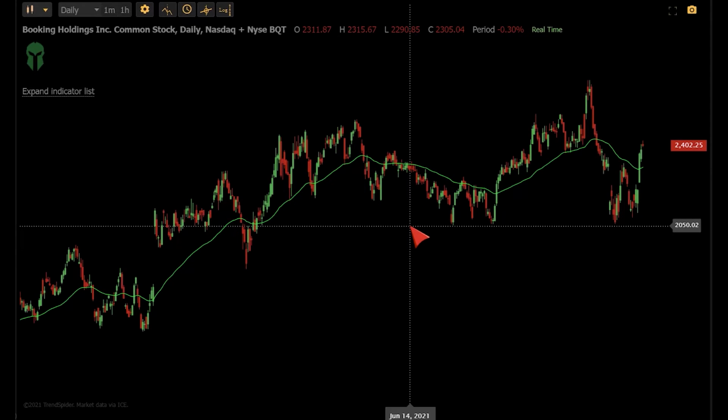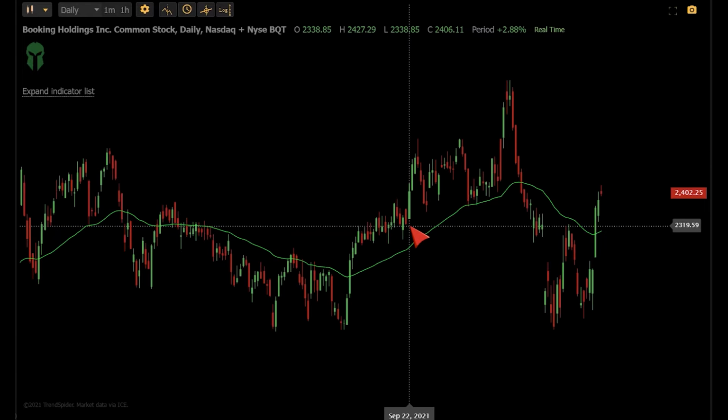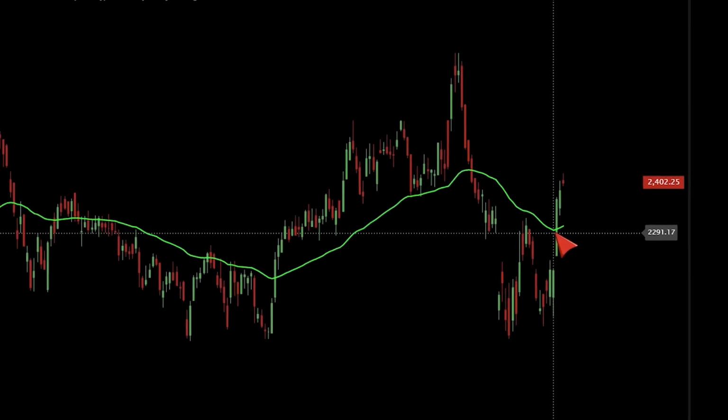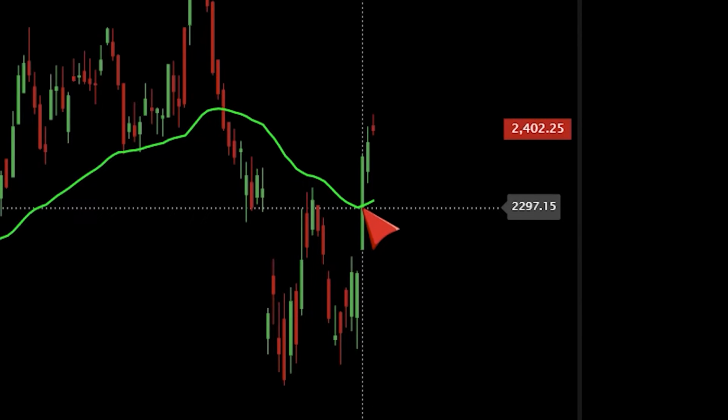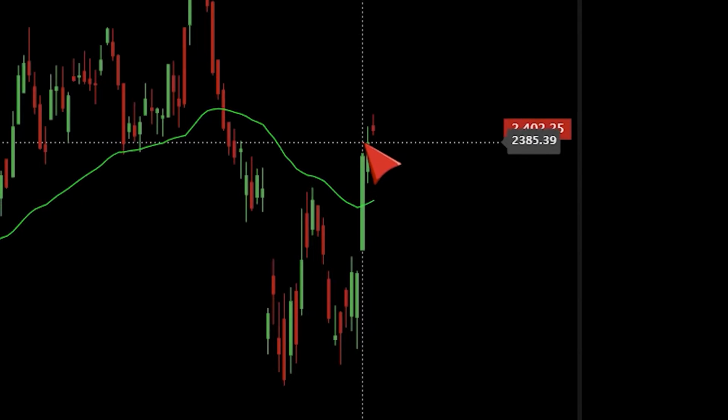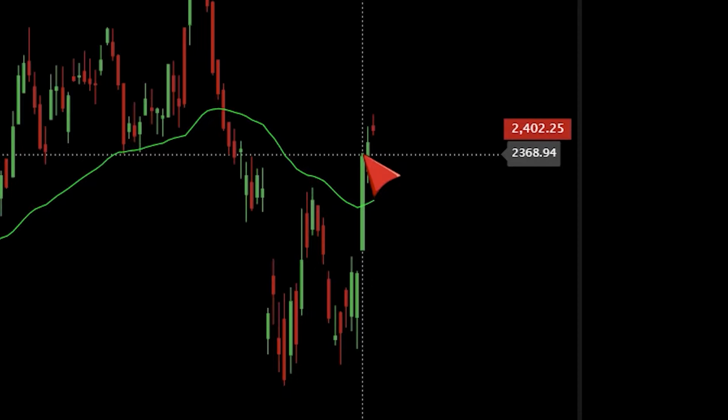So very simply in front of us is Booking. Now, if we expand this up, we see clearly how we popped over this line and closed over it up here with a closing price on December 21st of 2368.94, roughly.